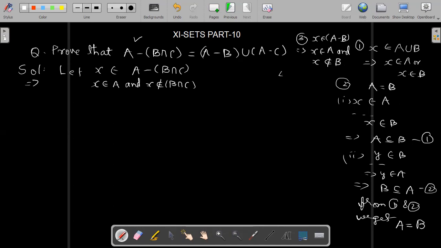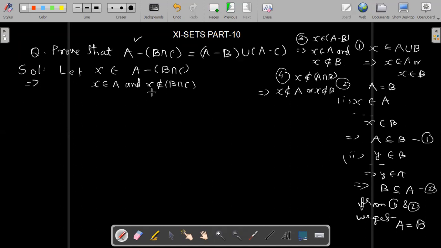Say, for example, if X does not belong to A intersection B: if it belongs to A intersection B, it becomes X belongs to A and X belongs to B. But when it does not belong, then and will become or, because this is the opposite of this. So this will mean that X does not belong to A or X does not belong to B.